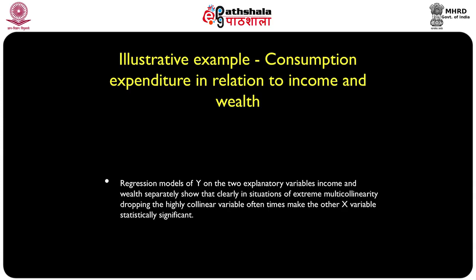Now, when we have multicollinearity present in data, there are several methods of detecting the presence of multicollinearity and several remedial measures to remove multicollinearity from a dataset. But in order to do that, we will dedicate separate modules for remedial measures and detection of multicollinearity in a dataset. In this module, we have learned the different consequences of the presence of multicollinearity.